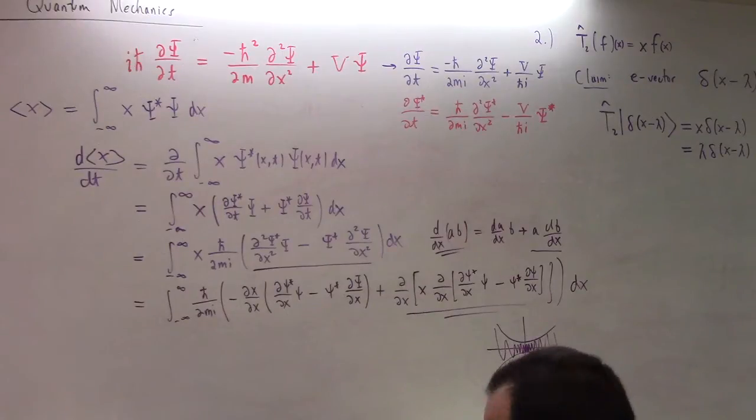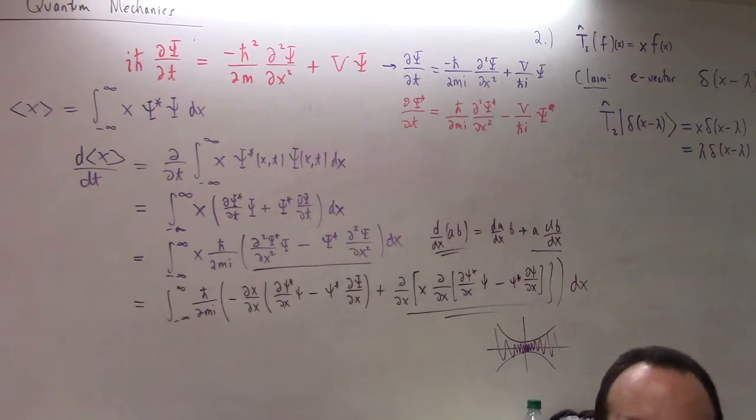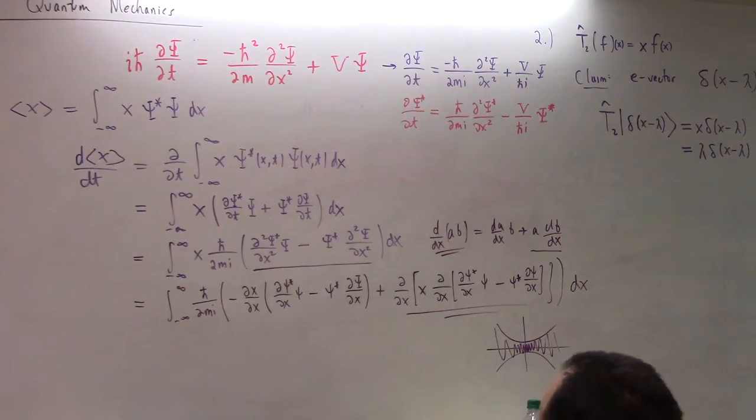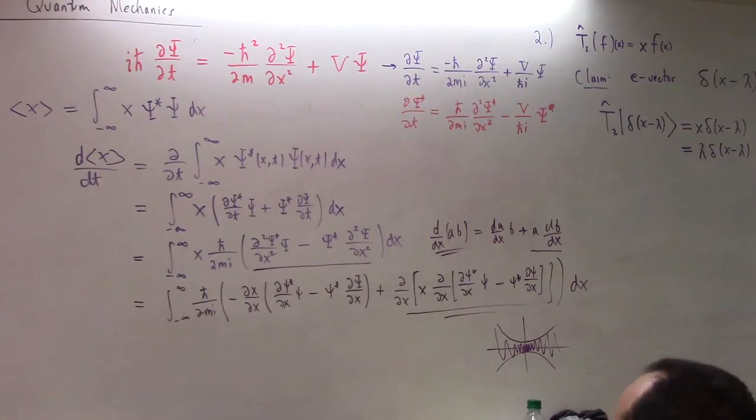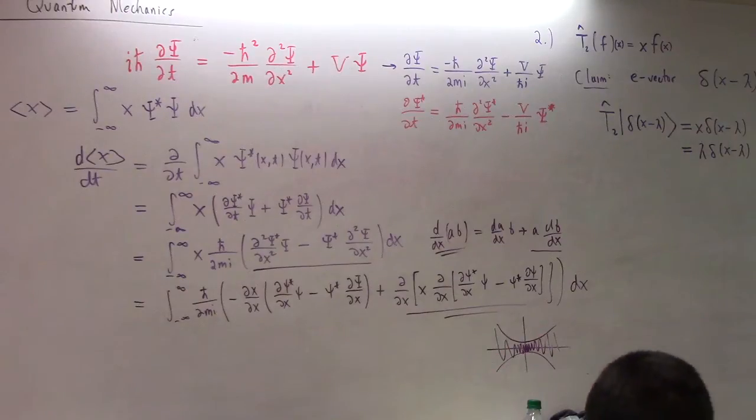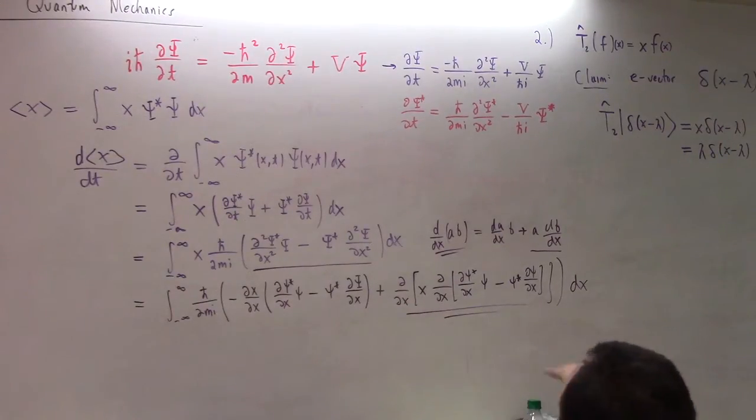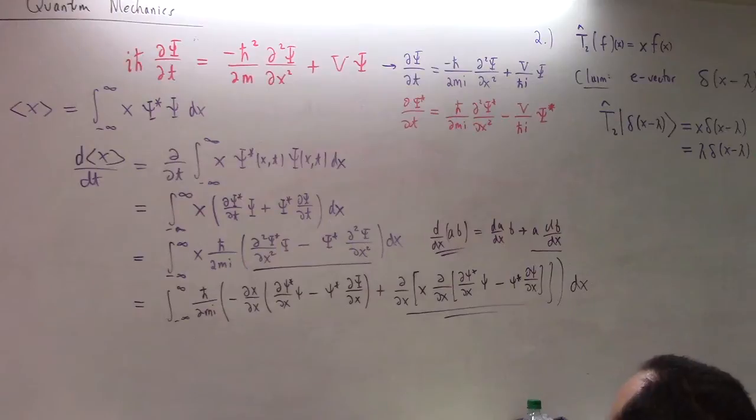If you squeeze that thing down, it's going to zero, yet its derivative misbehaves rather badly. And I assume that kind of thing could happen at infinity. Anyway, setting aside mathematical nonsense, go away. Stupid function. I hate you. Anyway, this integrates to zero, and we're left with this over here.